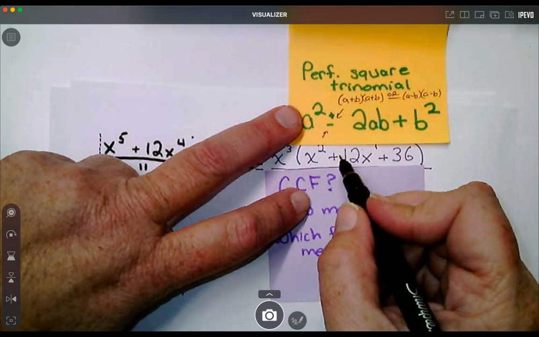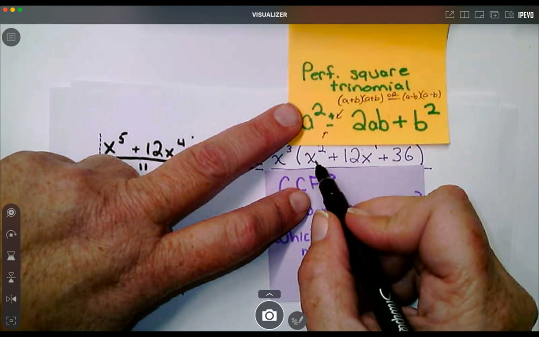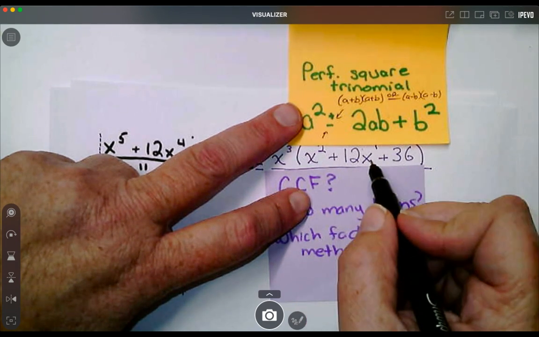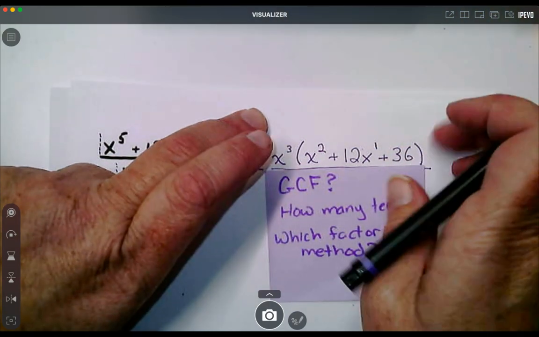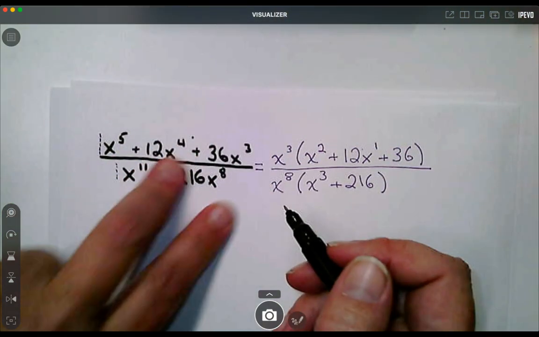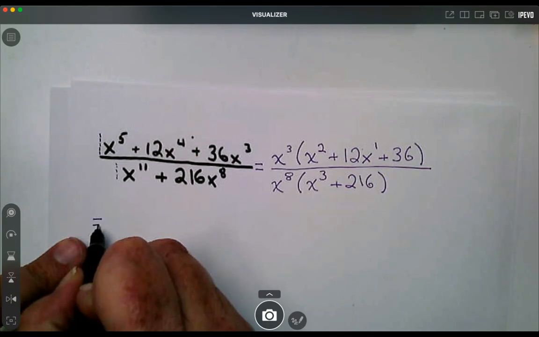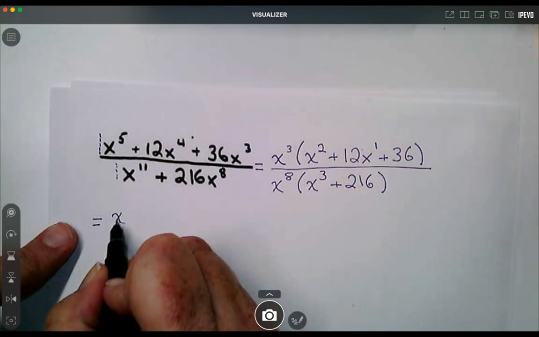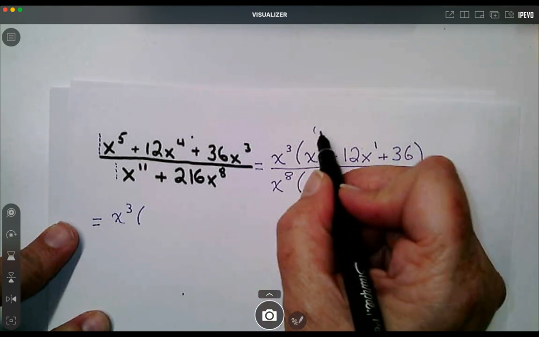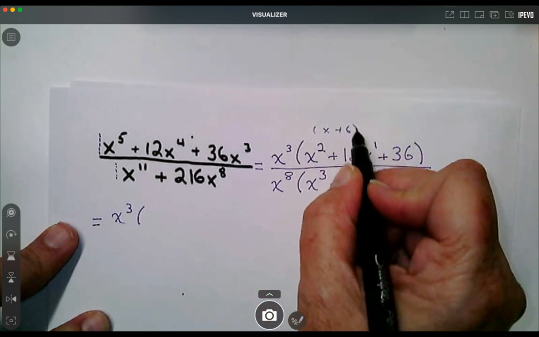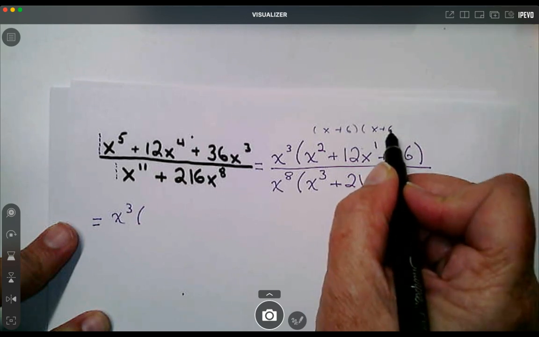So in this case, it's a plus sign, so that's going to give me x plus 6 times x plus 6. So I'm going to rewrite this numerator. I'm going to keep my x to the power of 3. And I'm going to substitute now because I figured out that this is the same as x plus 6 times x plus 6.